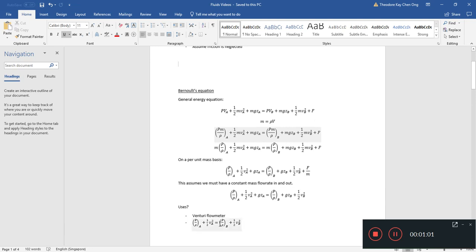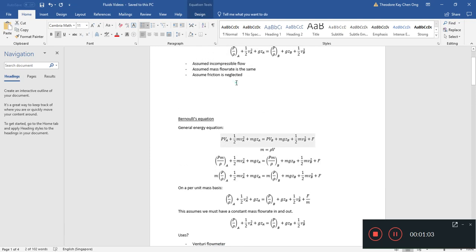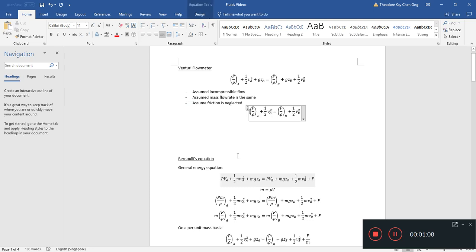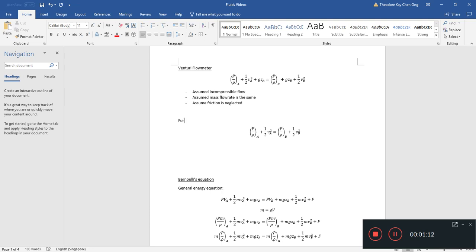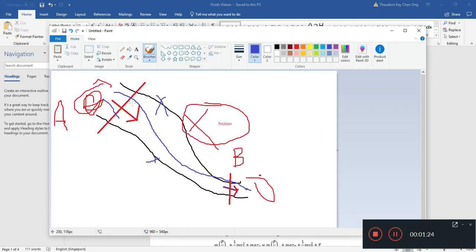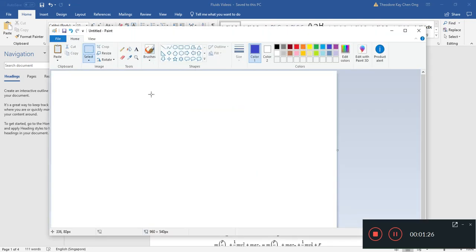In the last video, I talked about this equation, where for the flow meter, we want the elevation to be the same. Okay, so let's visualize this pipe.